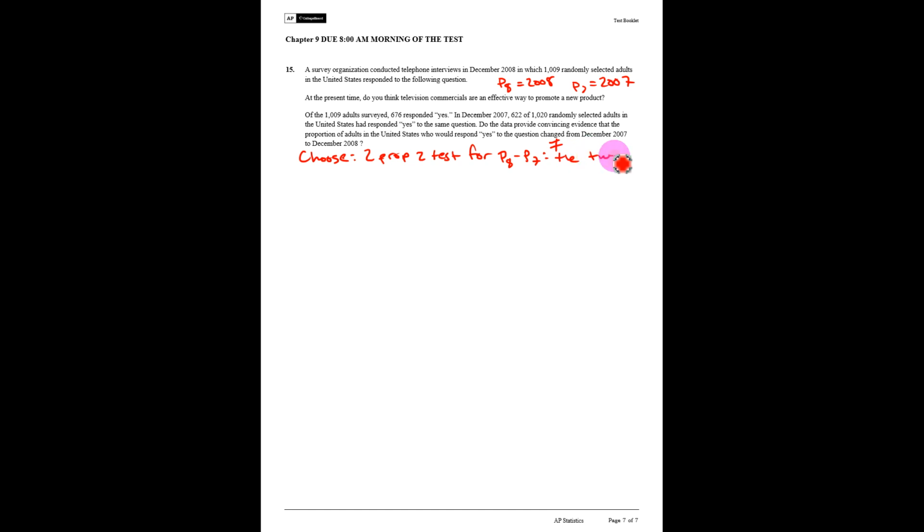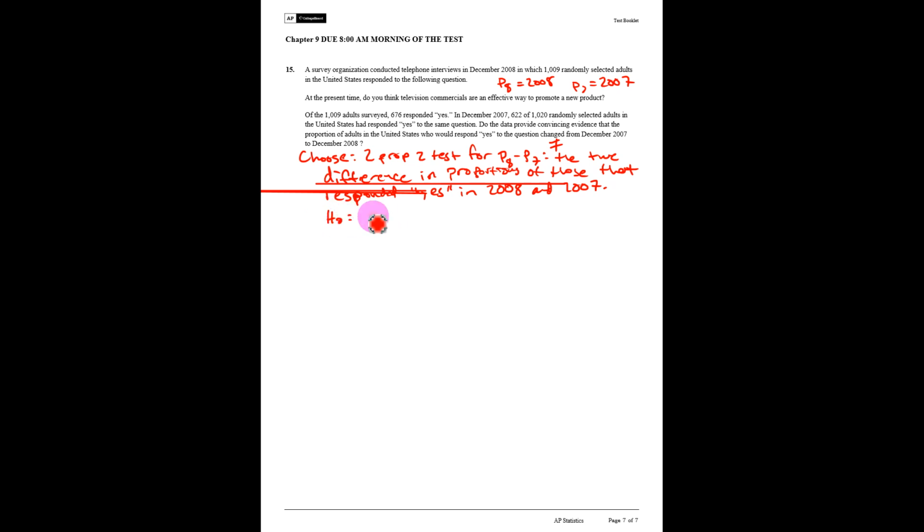The true difference in proportions of those that responded yes in 2008 and 2007.